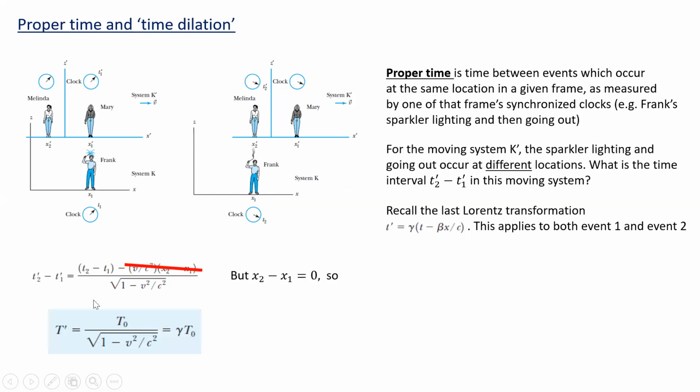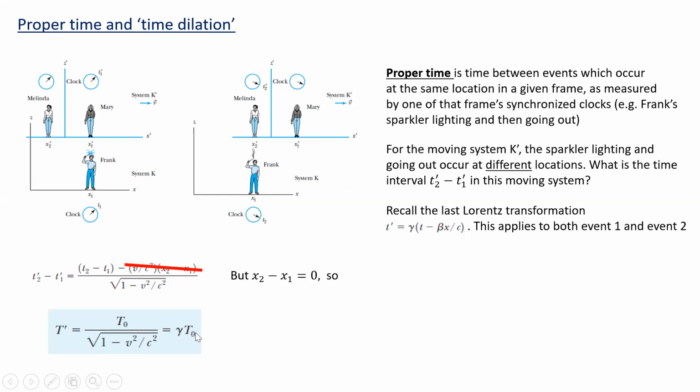Therefore we find that the time interval in the primed frame, which we call capital T prime, equal to t2 prime minus t1 prime, would be equal to the time interval in the unprimed frame, T0, which is the proper time, over the square root of 1 minus v squared over c squared, which, since gamma is 1 over the square root of 1 minus v squared over c squared, is equal to gamma T0.